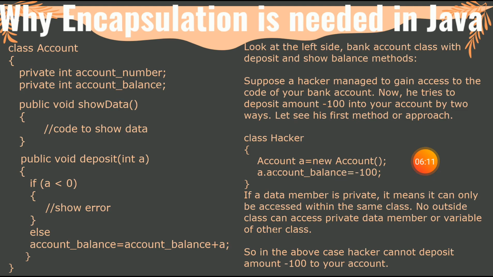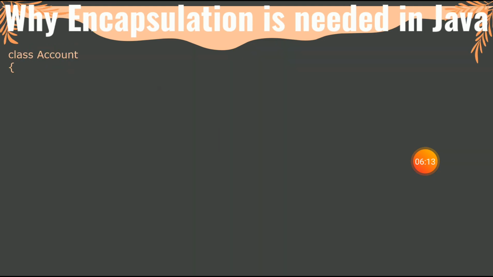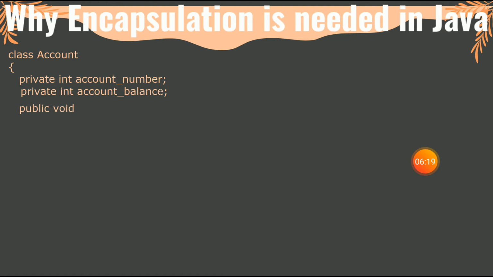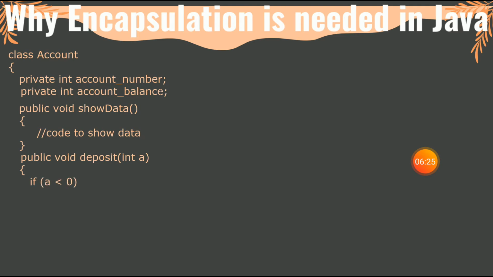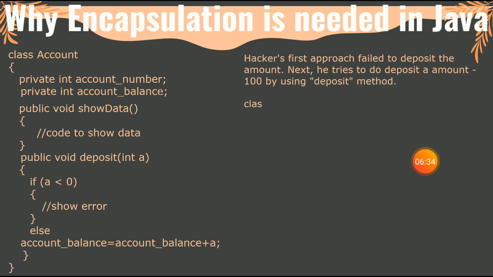So let's look at some other way hackers might disturb your code. The same code I am writing: private int account number, private int account balance, and these two methods. Same code to show you another way the hacker is going to hack your code. So the hacker's first approach failed to deposit the amount.